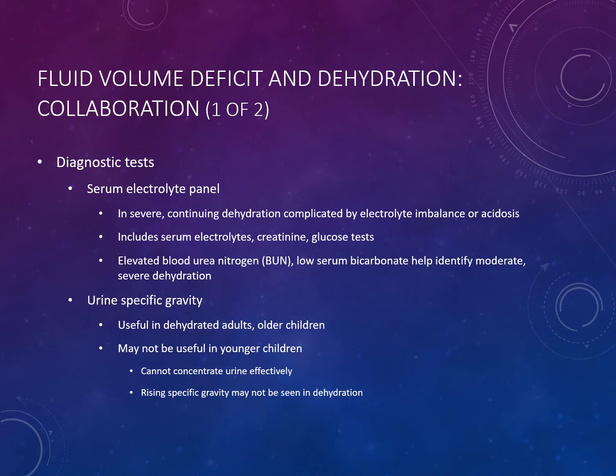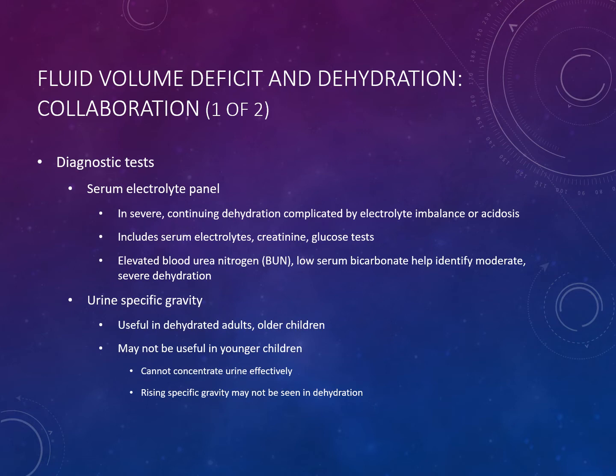So diagnostic test, serum electrolyte panel. In severe continuing dehydration that's complicated by electrolyte imbalance or acidosis, the physician will order an electrolyte panel. It looks at the electrolytes, the creatinine, the BUN, glucose test. It looks at the urine-specific gravity. It looks at the osmolality.